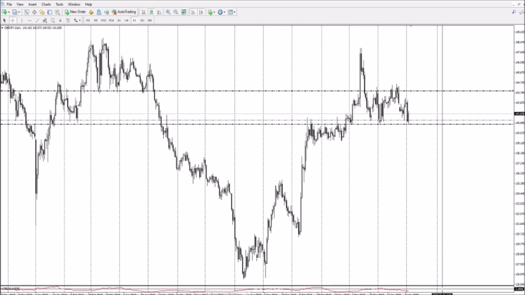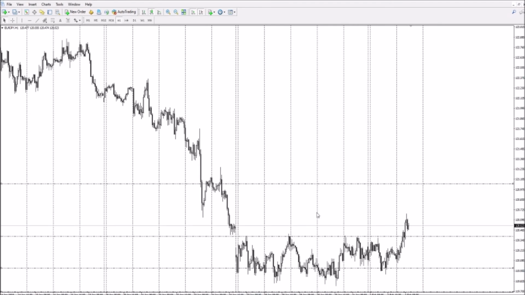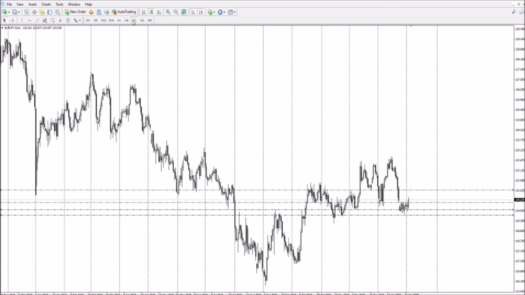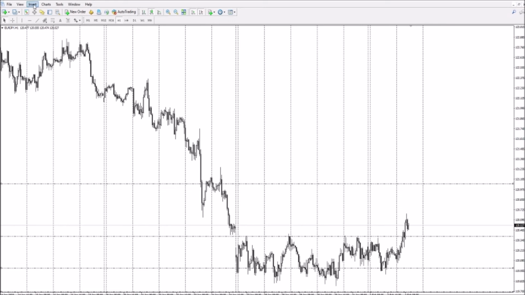So we'll move on to Euro Yen, just as I wanted to show you the previous Monday's high and previous Monday's low. You can see it's being capped.